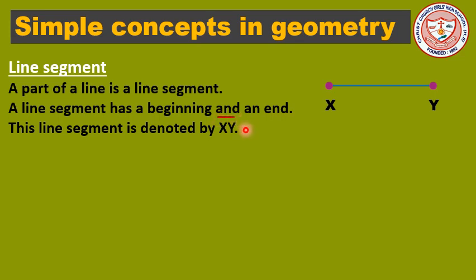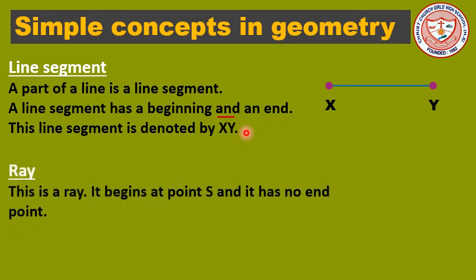Alright, now we are going to learn about ray. Girls, I'm sure you've already heard of this word ray. Can you remember? Yes, we commonly use the word ray to refer to the light coming from the sun.